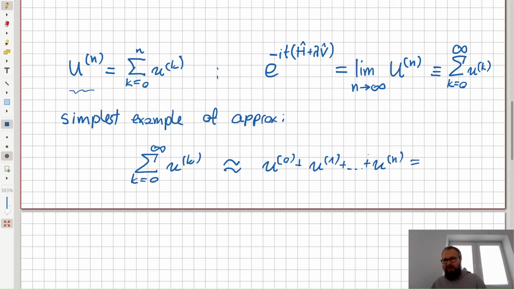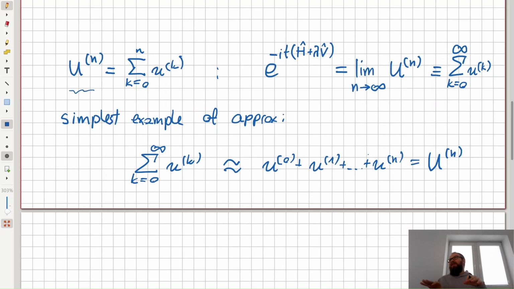It's a partial sum. This is the simplest thing you can imagine in this setup, and of course, this is not the only thing you can do. There are way more advanced ideas.